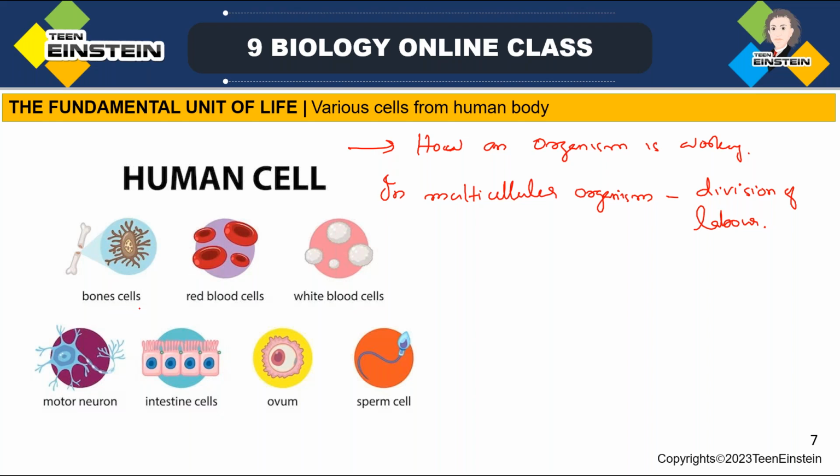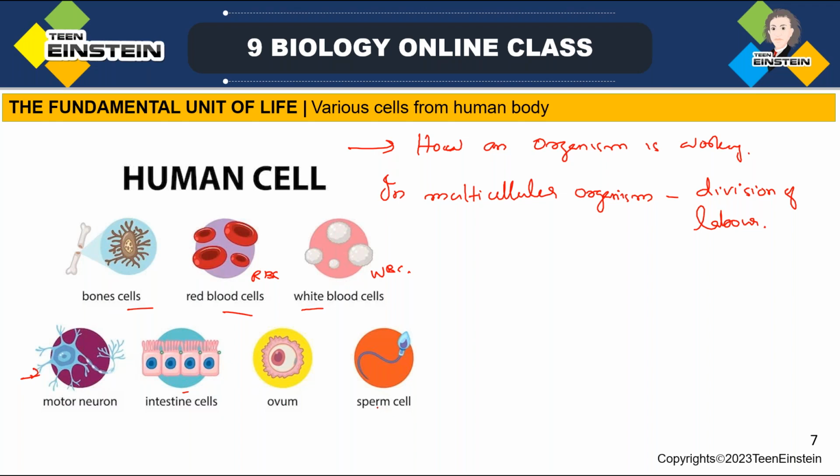We said different types of cells are there in human beings. Bone cells are there, blood cells are there, RBC, red blood cells, and WBC, white blood cells, neurons, nerve cells, then intestinal cells. Each and everything is having a specific function.